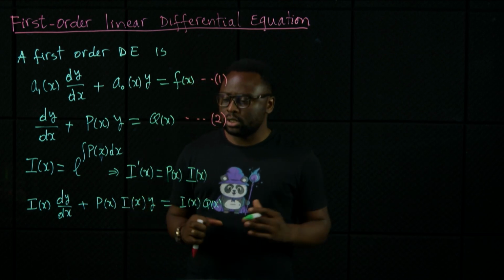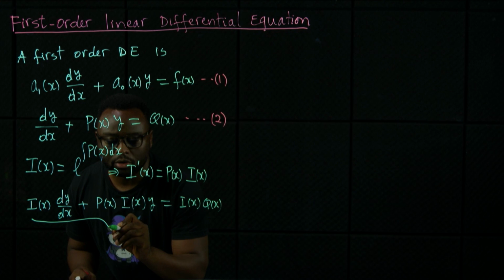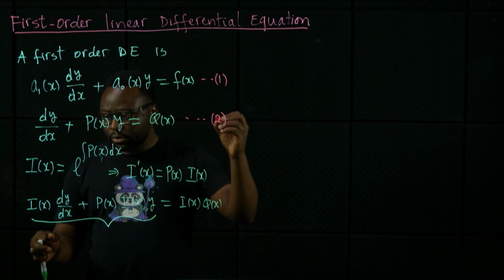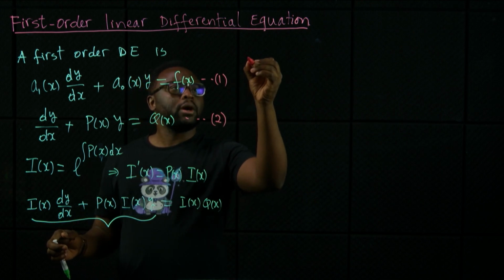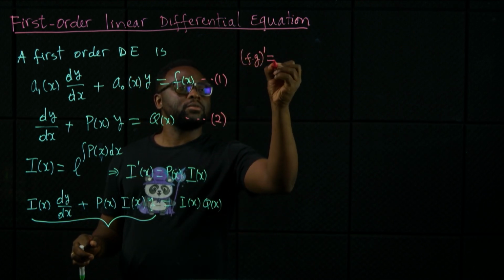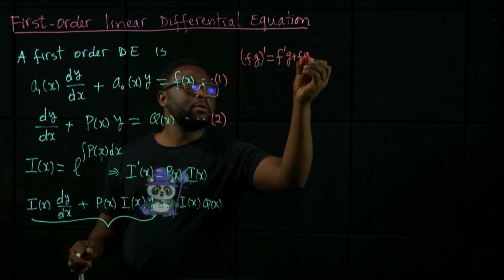At this stage, we want to know what's happening here. Remember that this is obtained from the product rule. For the product rule, if we have f times g and want to find the derivative, it is f prime times g plus f times g prime.